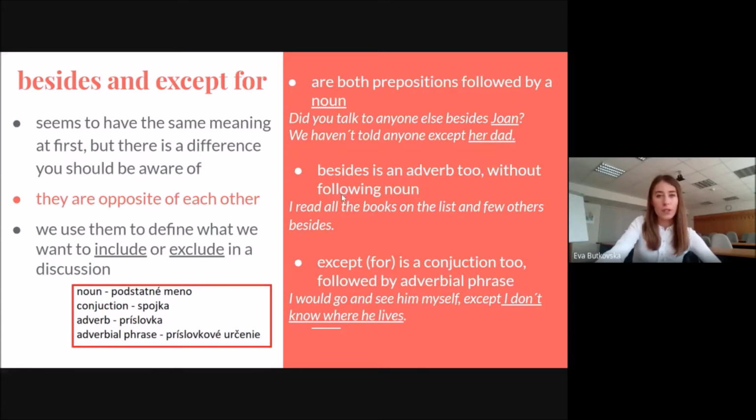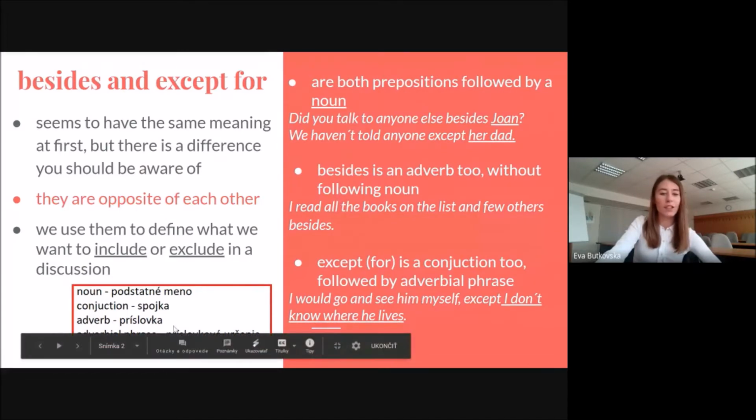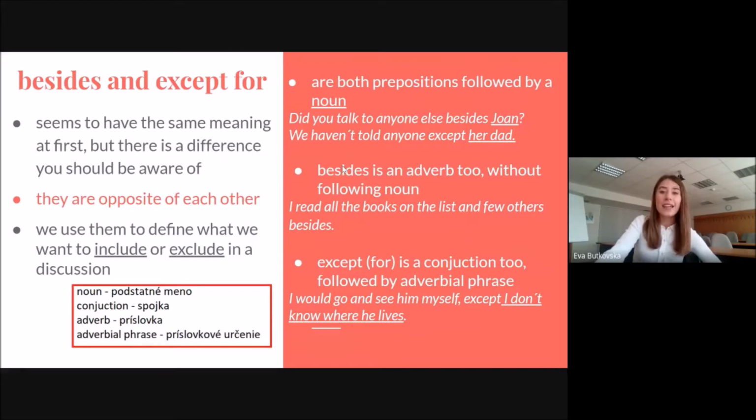Besides is a preposition, but it is an adverb too. Check the translation. What is an adverb? And in this case, it doesn't need to be followed by a noun. I read all the books on the list and a few others besides. So that was besides. And except for is a preposition, but it is a conjunction too.